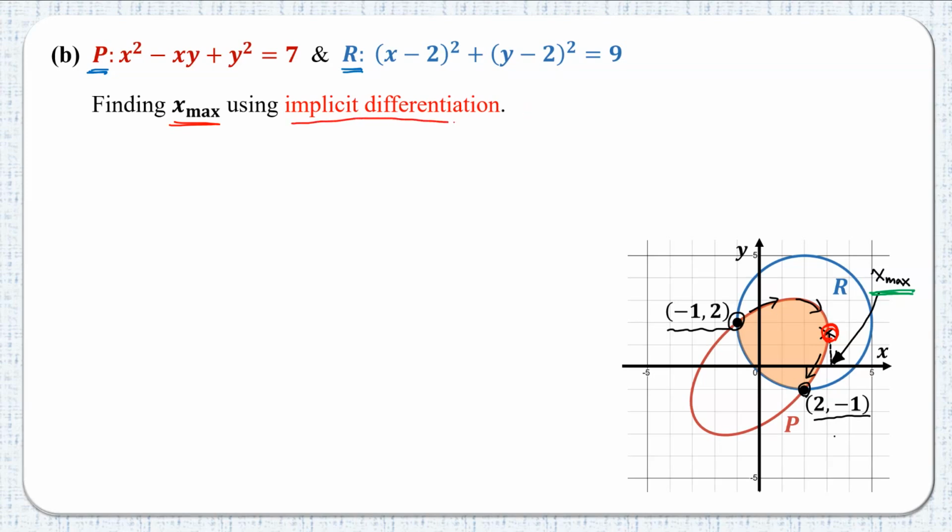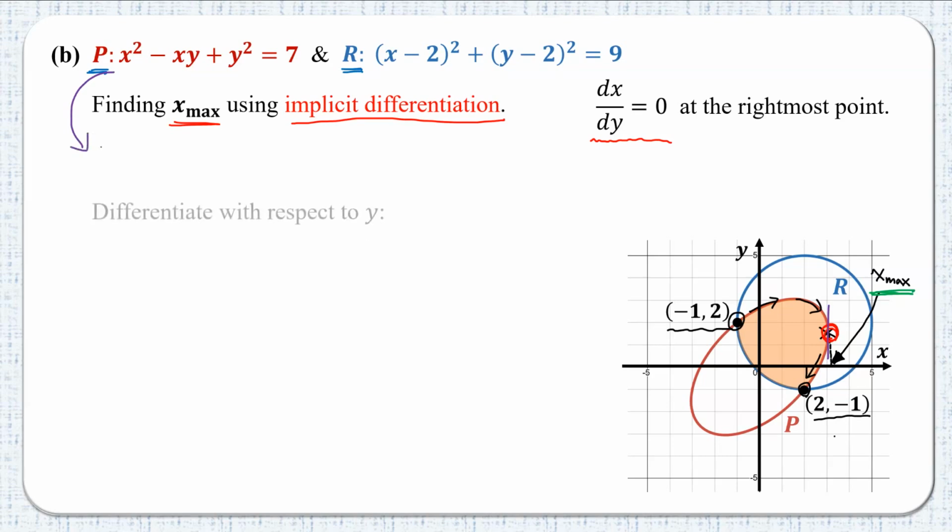And we need implicit differentiation for that task. So let's do this. The rightmost point is the point where the derivative dx over dy becomes 0 because the tangent line becomes vertical at that point. So from our equation of the ellipse, let us differentiate both sides with respect to y.